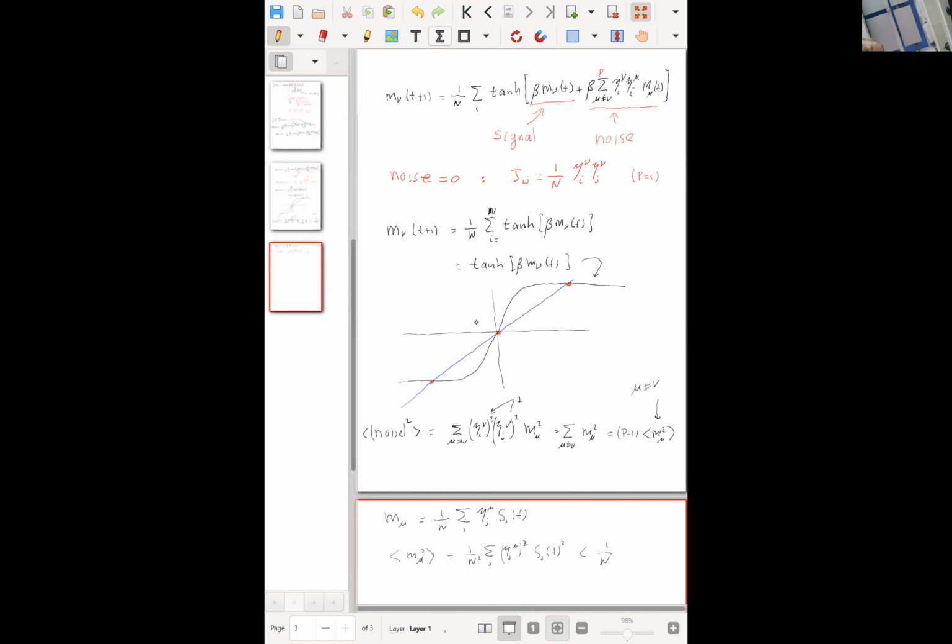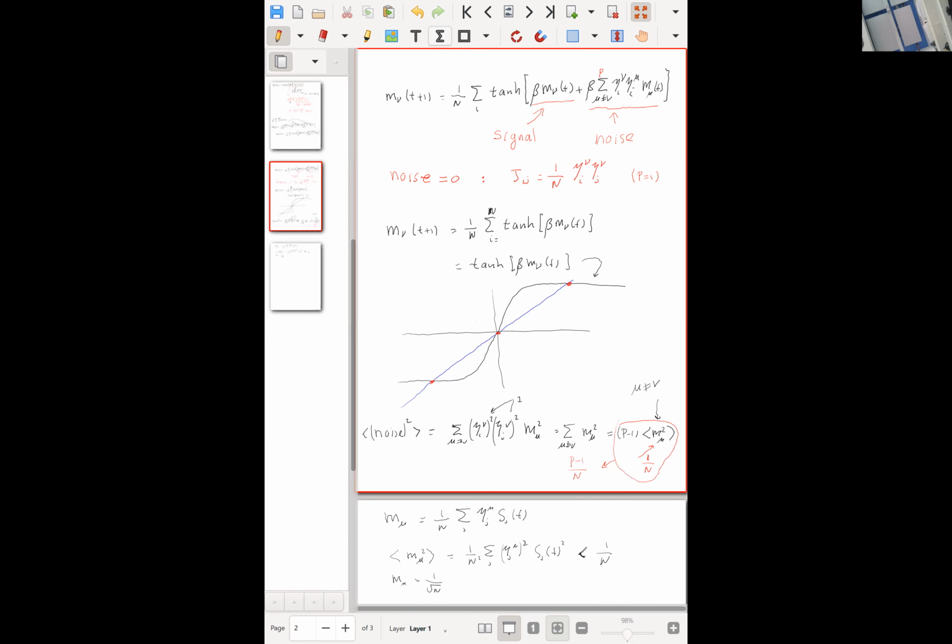So the point is, m_mu is of the order of 1 over root n, or m_mu squared is 1 over n, or less than 1 over n. And what we get is a noise squared, when you put these together, as our usual worst case scenario, p minus 1 over n.